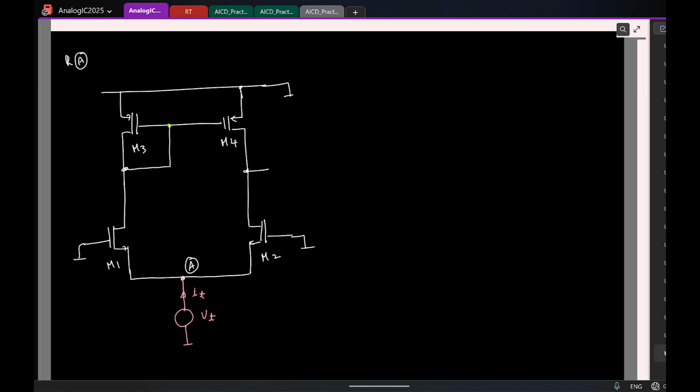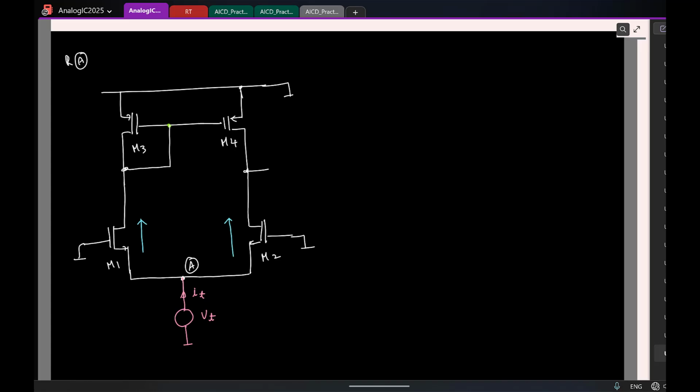Doesn't matter. So now tell me, I have a test current I test here. So obviously this is going to split in both the branches. Now do you think the current flowing on the left side will be higher or the right side will be higher? Why?